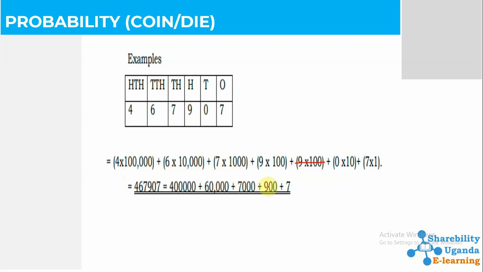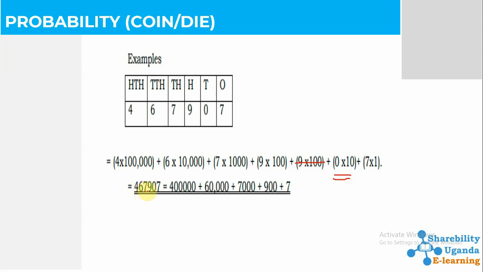We are able to leave out our 0 here, because when you multiply 0 times 10, it automatically gives us a 0. So including this, we get our product as 7, then 900, then 7,000, 60,000, and 400,000.